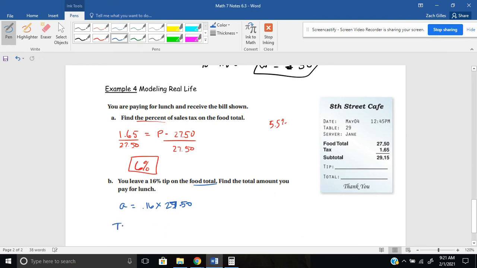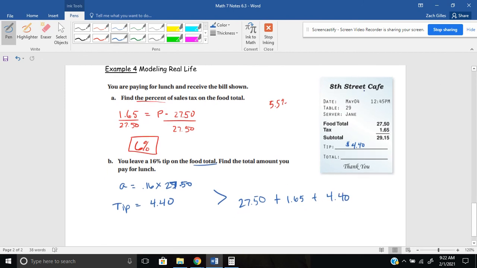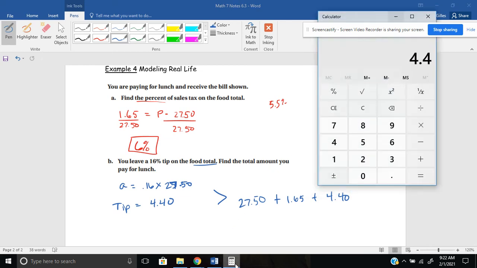So the tip then is $4.40. So I can add that in right here, $4.40. What will be my total? Okay, so now I need to take my food total, $27.50, plus my tax, which is 165, plus 440, which is the tip, to find out the total amount that I actually need to pay on my bill.